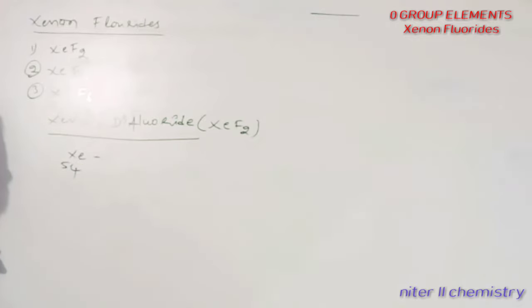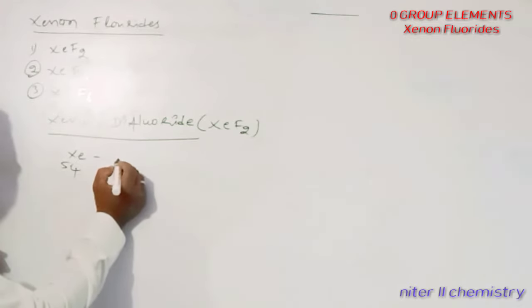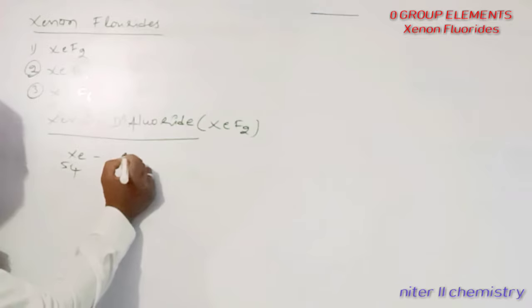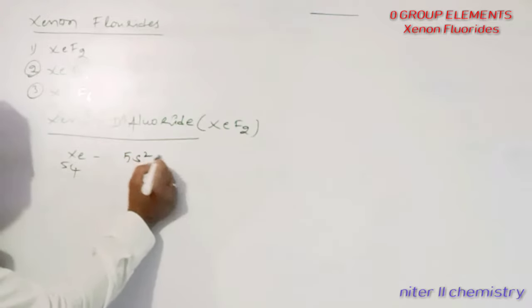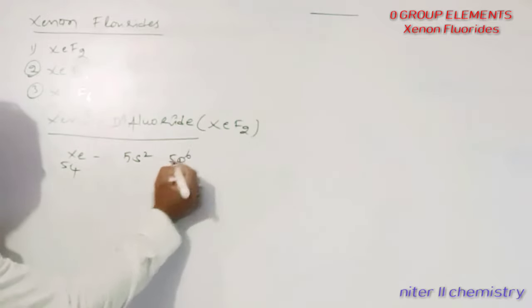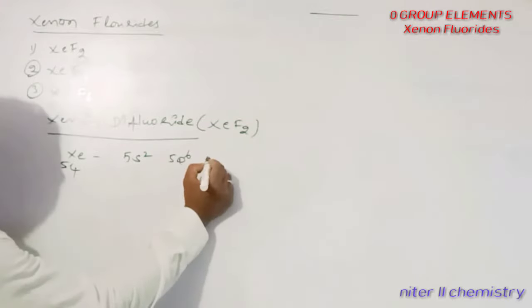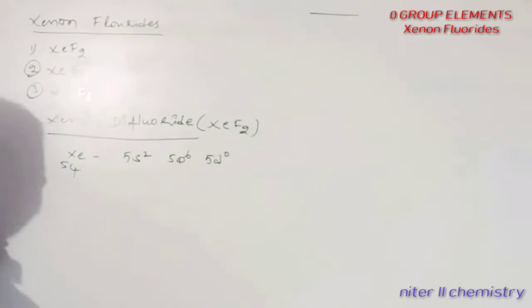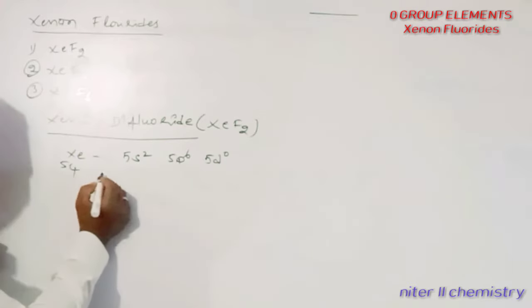Now the outermost electron configuration of xenon is 5s2, 5p6 and 5d0, meaning it is ns2 np6 configuration, an octet configuration.